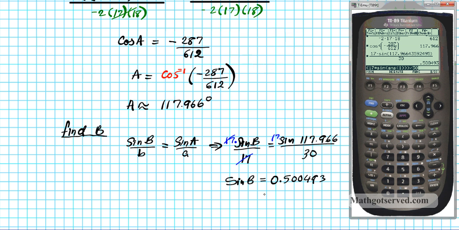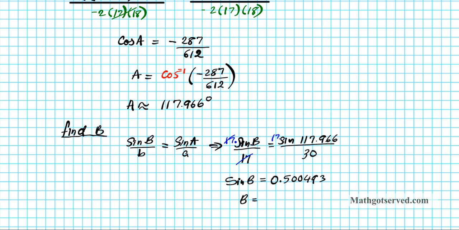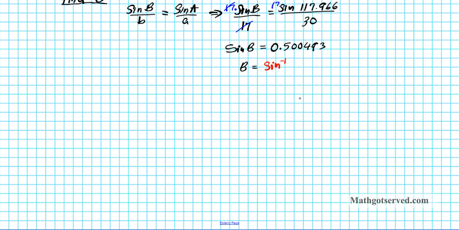And then to get B by itself, we'll take the inverse sine of both sides. So we have big B equals the inverse sine of this numerical value that we got when we evaluated this expression, which is 0.500493.